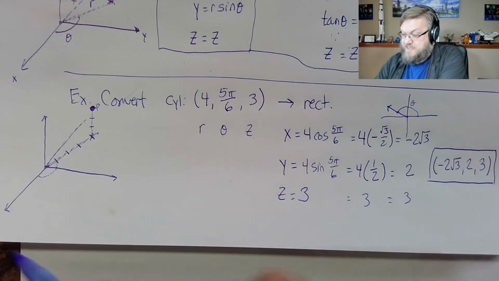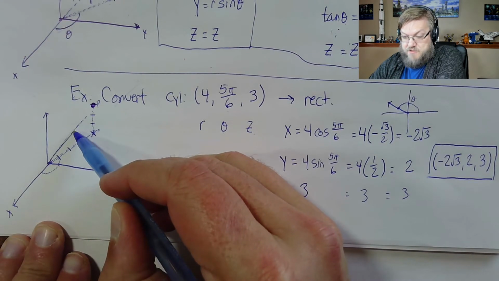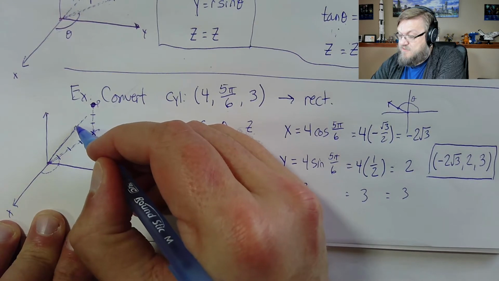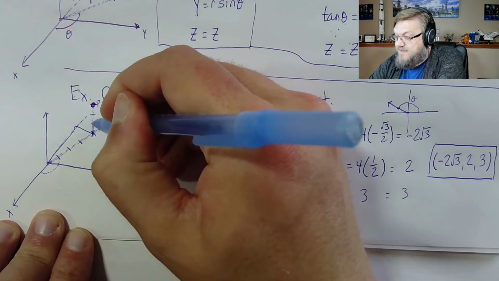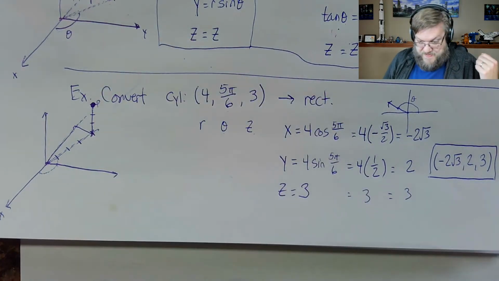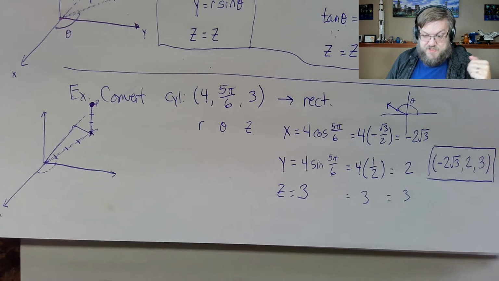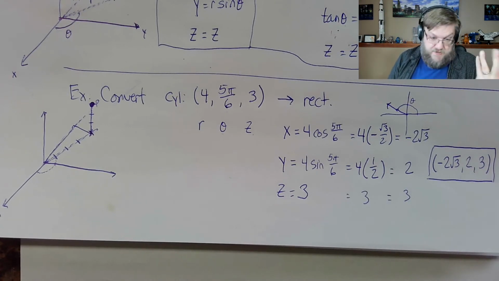That makes sense because a negative x value would make me walk backwards a certain amount, then go positive y value, so that's positive 2. That would end me up here, and then go up 3 to the point where I'm at there. See that? So this answer makes a lot of sense, physically and geometrically. And of course, because the formula said it was supposed to be that.